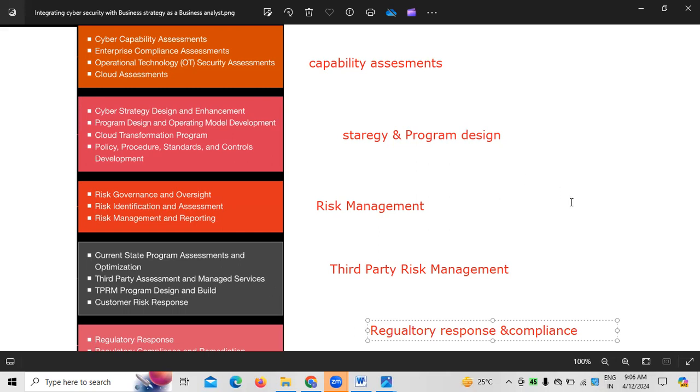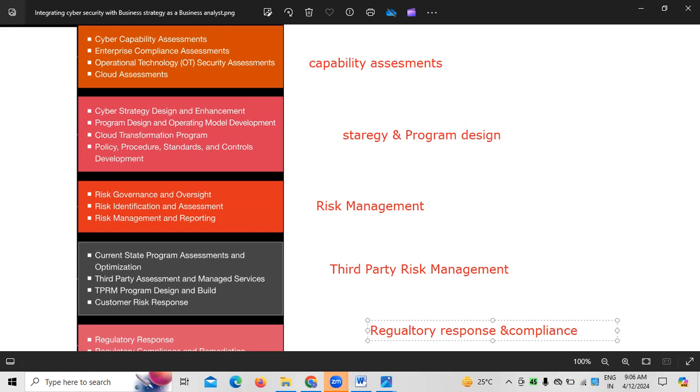At the same time, what are the risk management and reporting standards to be maintained, everything comes under the risk management part. Once the risk management is done, we need to identify and understand third party risk management as well, because third party assessment of managing the services is one of the key and important elements to be focused on as a BA.